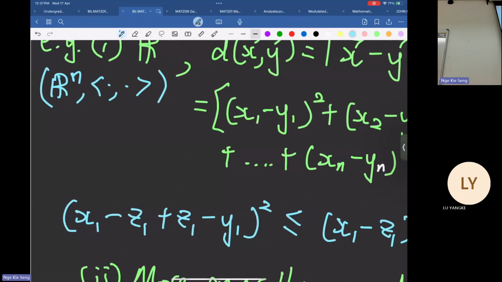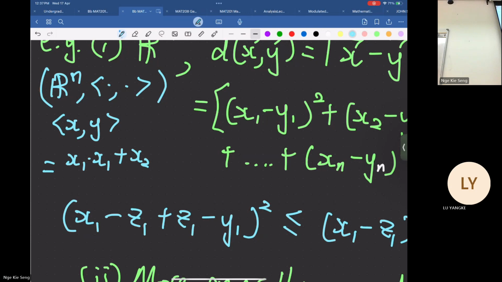If I give you x dot y, it is x1 y1 plus x2 y2 plus x3 y3 plus and so on, plus xn yn.